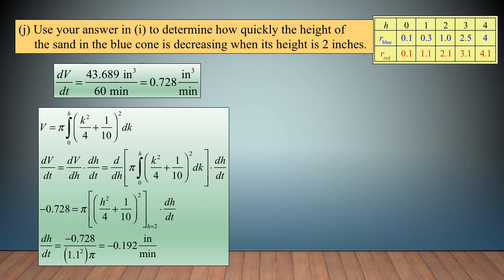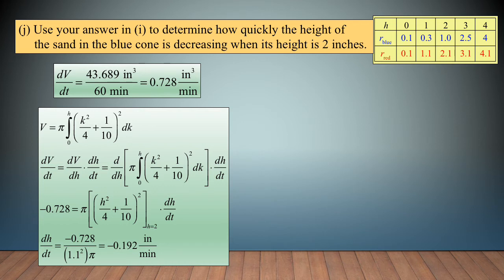So it's the derivative with respect to h of pi integral from 0 to h of (k squared over 4 plus 1/10) squared dk, and we multiply that by dh/dt. We know this to be, by the second fundamental theorem, pi times (h squared over 4 plus 1/10) squared, evaluated at h equals 2.